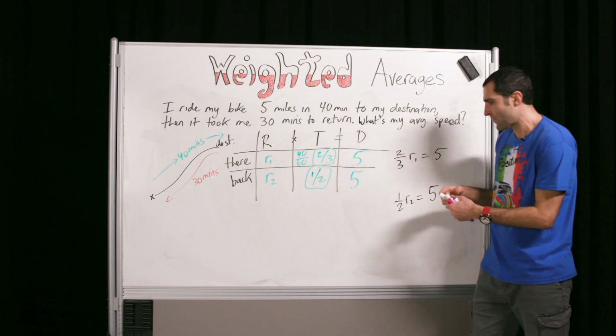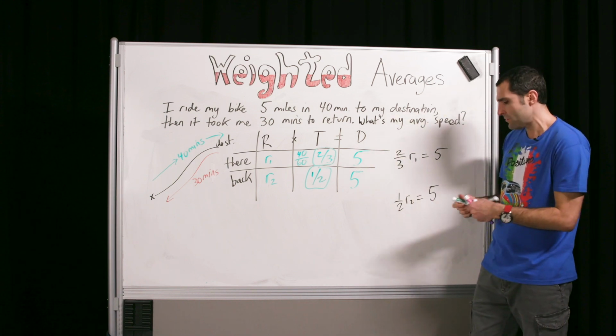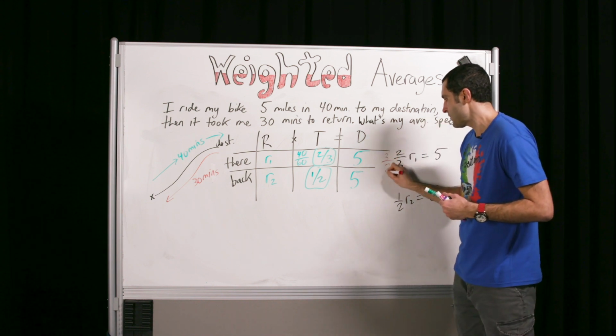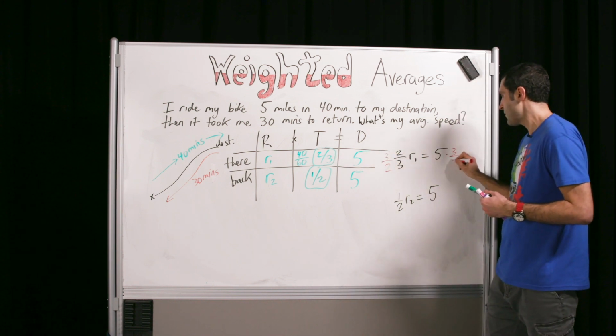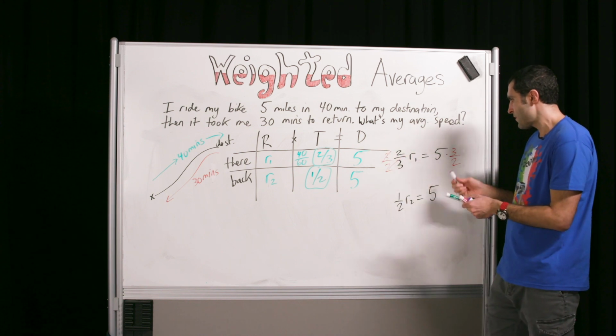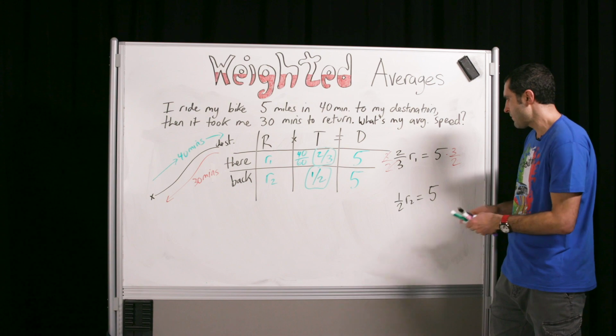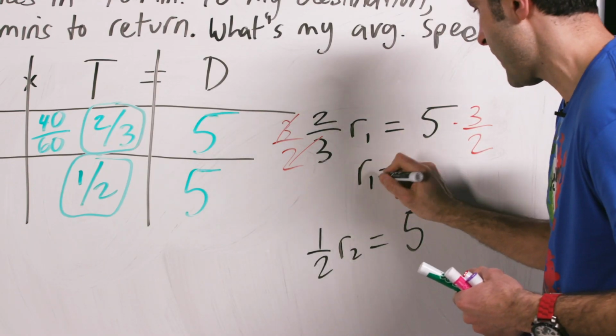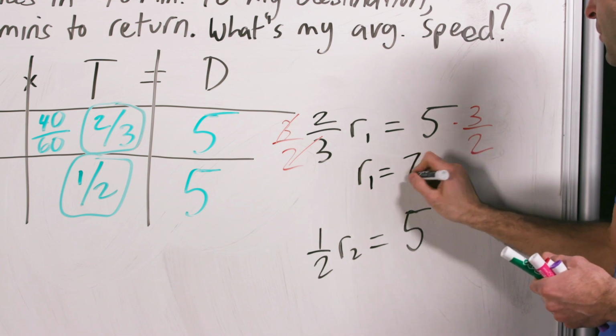All right, solving for R, multiply by the reciprocal. Let's do that in red here. Times 3/2, times 3/2. That's R equals 15/2. So that first rate is 7.5.